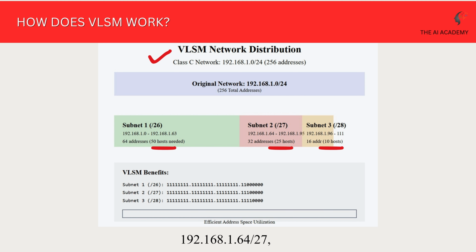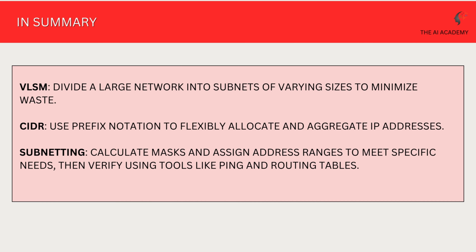Subnet 2, 192.168.1.64/27, 32 addresses from 192.168.1.64 to 192.168.1.95. Subnet 3, 192.168.1.96/28, 16 addresses from 192.168.1.96 to 192.168.1.111. This approach minimizes wastage of addresses while meeting requirements.